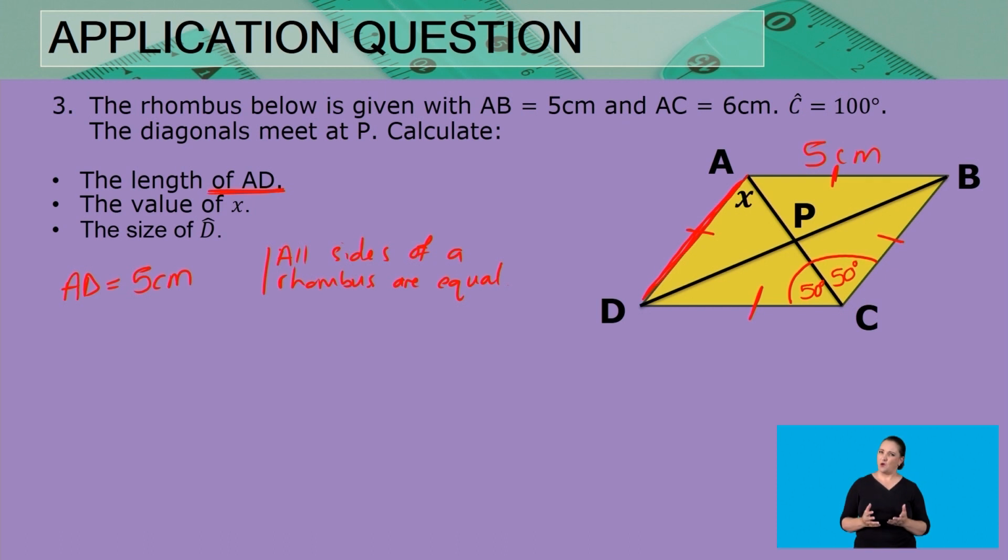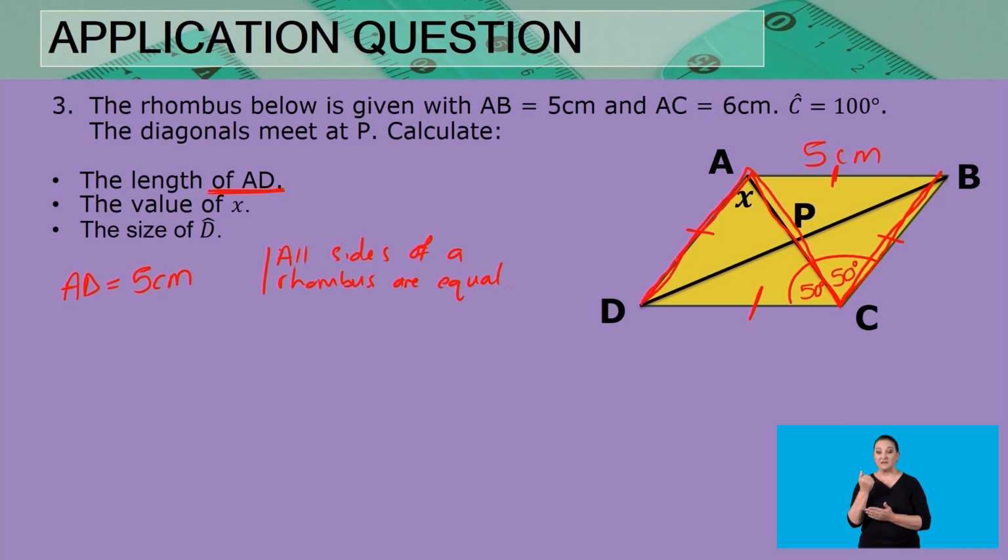Now, how is this going to help us? Well, this is going to help us because we can find the value of x using one of 2 ways. Firstly, we can use the fact that in a rhombus, the opposite sides are parallel. If they are parallel, that means that we can see alternate angles.